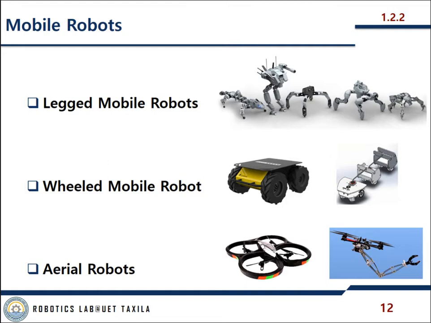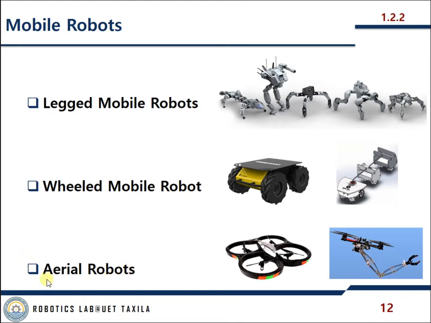Okay, now about mobile robots. Basically, we have two types of mobile robots. One is legged mobile robots, in which locomotion is based on legs, and we have wheeled mobile robots, in which there are wheels for the movement.